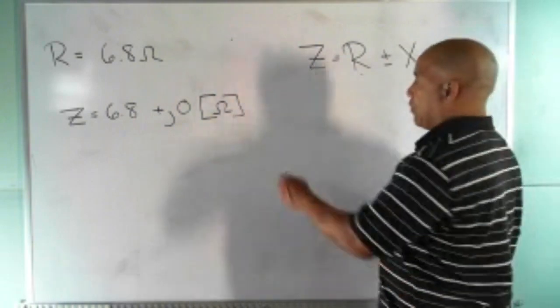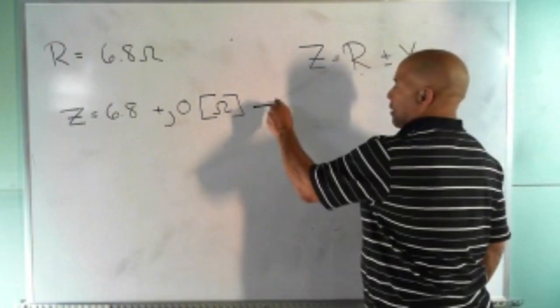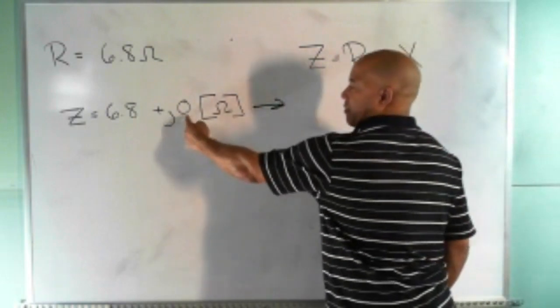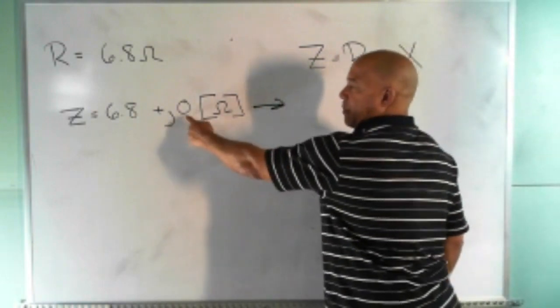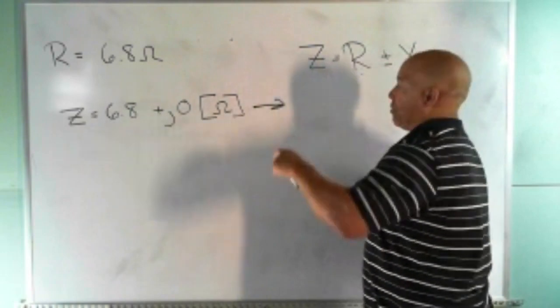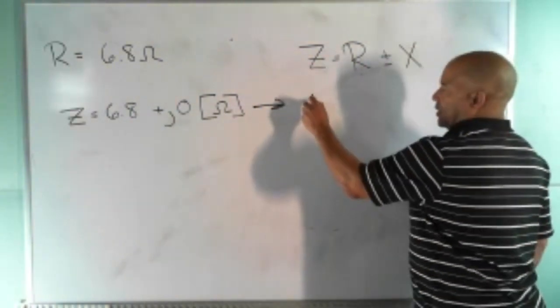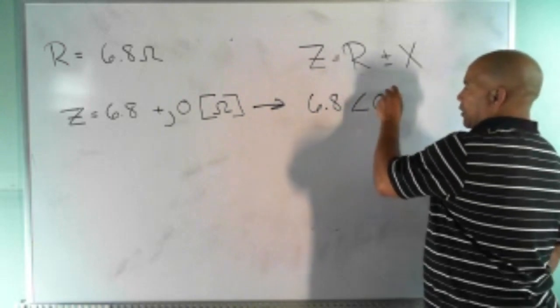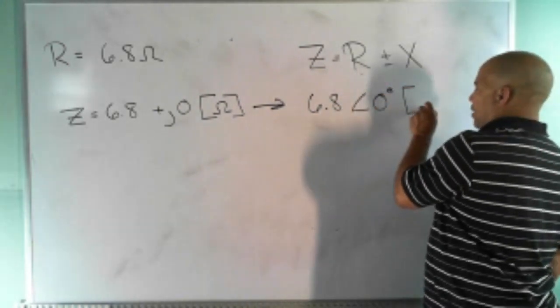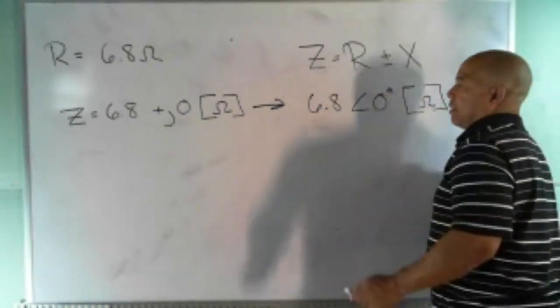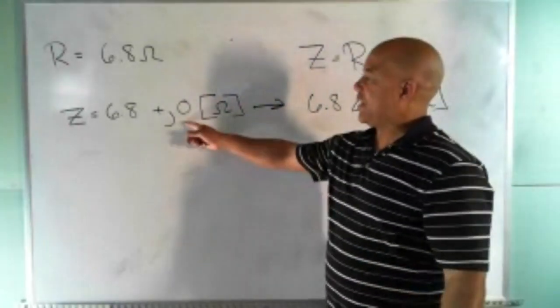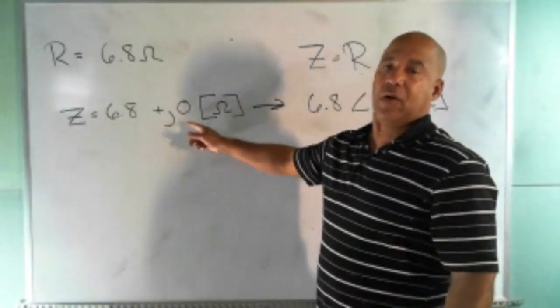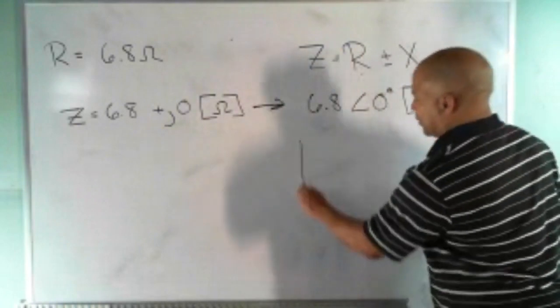So if you convert this to polar form, since that j operator is 0, that means we're on the real axis. So that means my phase is 0. So this is going to be 6.8 at an angle of 0 degrees, and again, my units would be ohms. Let me show you on the axis just so you see it.